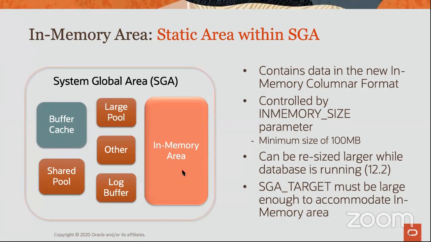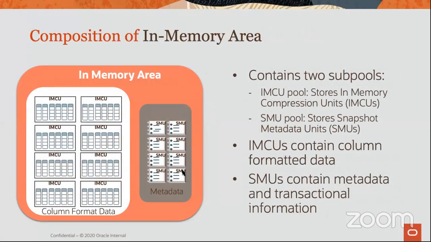So hopefully that's clear. Within that in-memory area, we'll dive just a little bit into the nuts and bolts of how Database In-Memory works. There are actually two areas within the in-memory area that are allocated when you set the inmemory_size parameter. One of the areas, we call it the 1MB pool, where we're allocating IMCUs, or in-memory compression units.